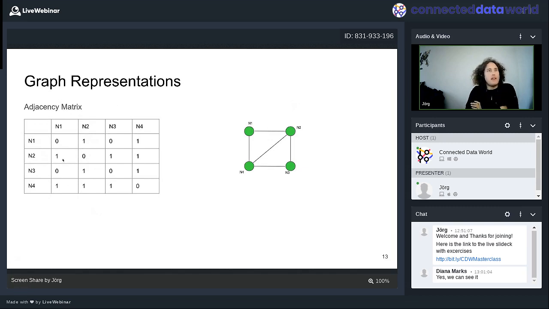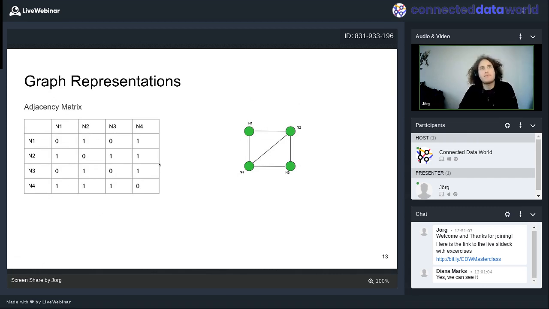In this representation, if we are dealing with undirected graphs, as you probably can see, it will be mirrored across this diagonal line going through. So if we have an undirected graph, we can actually save storage from the adjacency matrix by usually just focusing on the upper right half of that matrix.